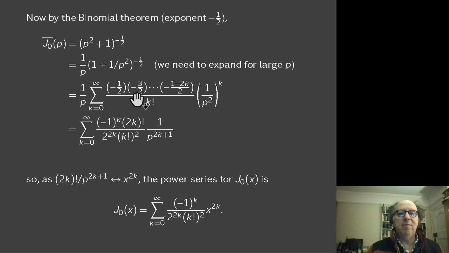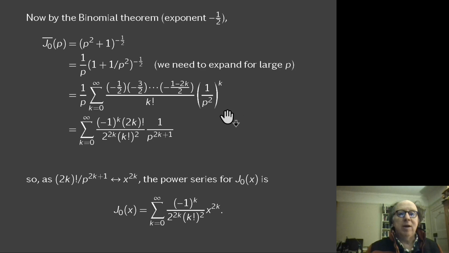And this is 1 over P, so this is just the binomial expansion. We get minus a half, minus 3 halves, minus 5 halves, and so on, up to minus 1 minus 2k over 2, times 1 over P squared to the power k, and k factorial on the bottom. That's just applying the straightforward binomial theorem.